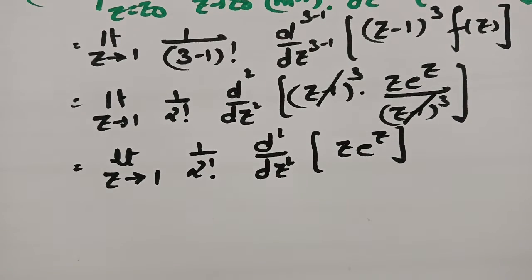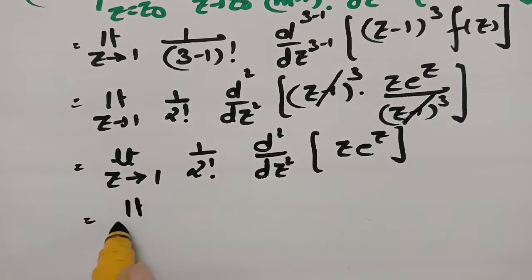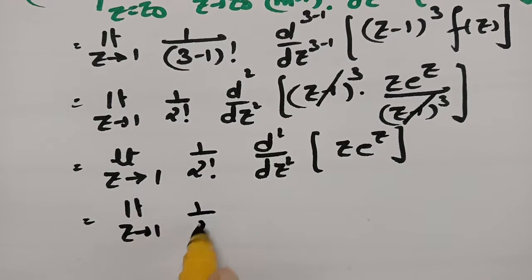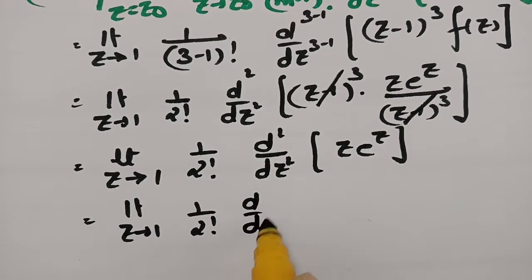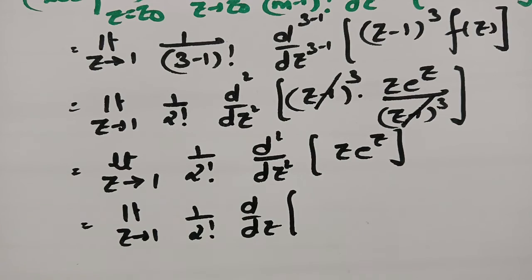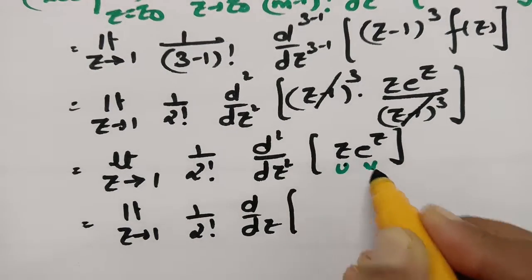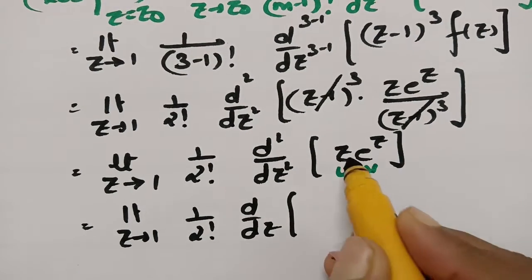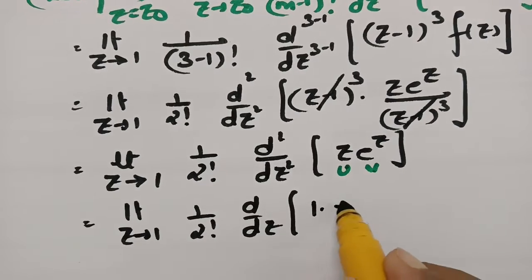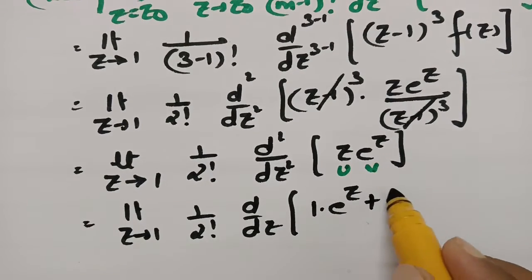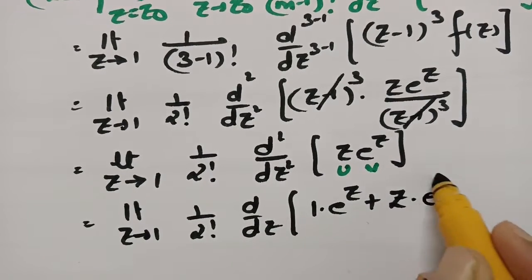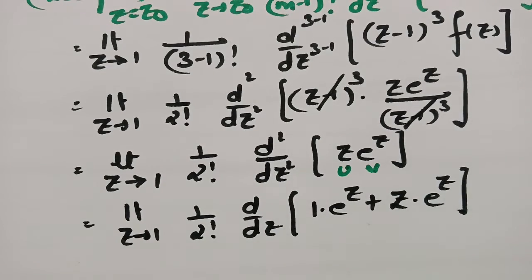Now I am going to use the UV rule. That is limit z tends to 1, 1 by 2 factorial. First time I am making the derivative, using z as u and e power z as v. For z the derivative is 1, e power z I am leaving, and next time I am leaving z, and for e power z it is again e power z.